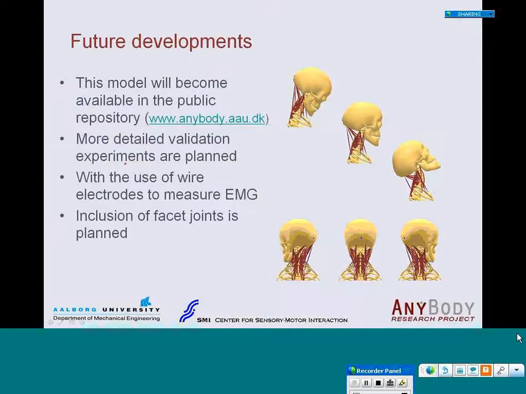Also, a plan more for the far future is that we want to include the facet joints in the model, and especially in the more extreme cases when we go to the ends of the range of movement, facet joints might play an important part in the force distribution of the cervical spine.